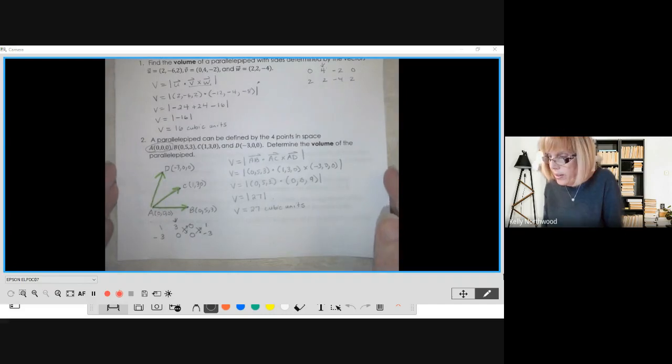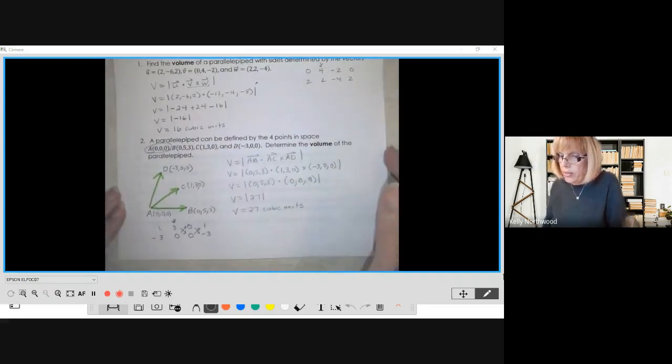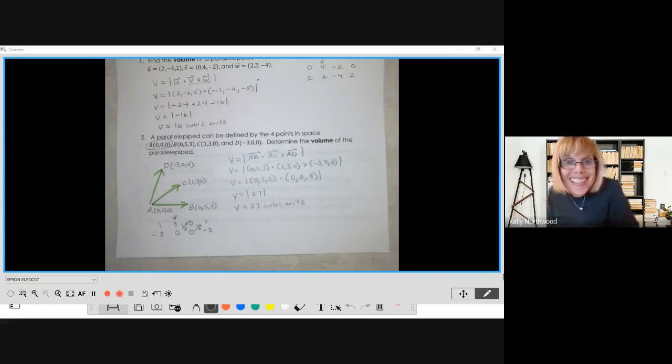Okay, so if you're given vertices instead of basis vectors, you just have to make the basis vectors. I'm wondering, Ms. Northwood, could you find the area of a triangle-based prism using this? Yes, that's in the homework.